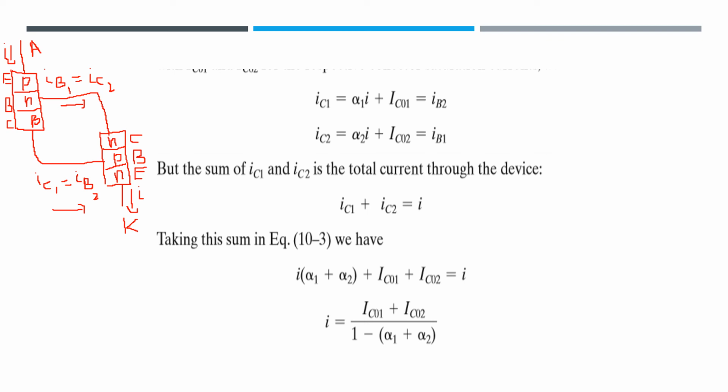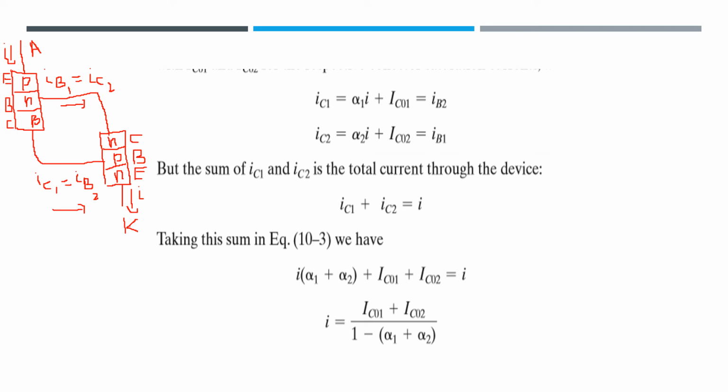That is how you can see here at the top I have written these equations, where collector current is related to the alpha I. What is the alpha here? Alpha is the current transfer ratio.